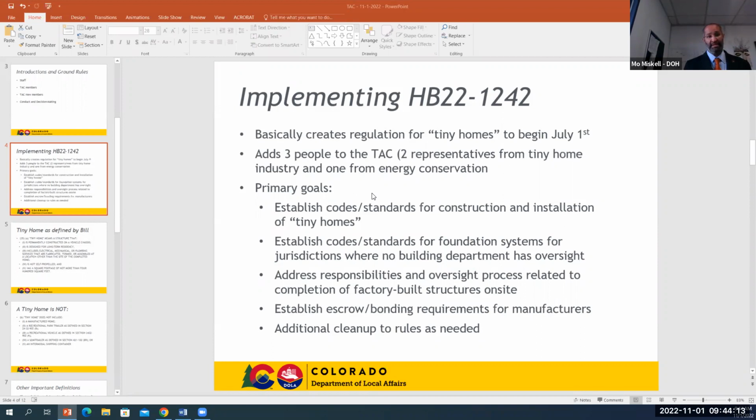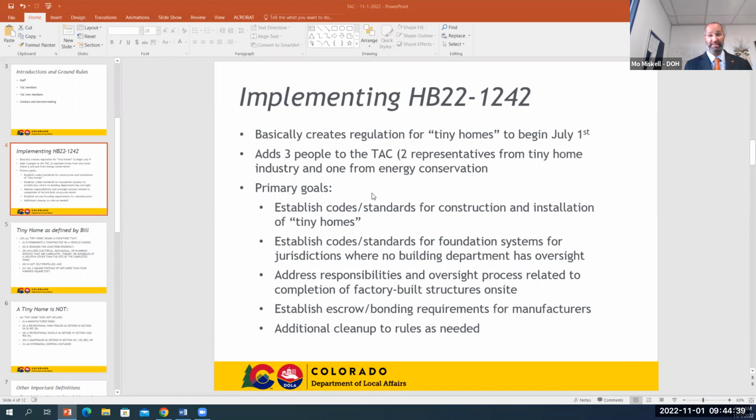And then last but not least is just cleanup, things that we've identified since our last round of rulemaking that are confusing at best, maybe just completely unnecessary and causing a hurdle that's preventing business from flowing as it should, or just some things that we missed where there might be room for clarity that we need to address in rules.